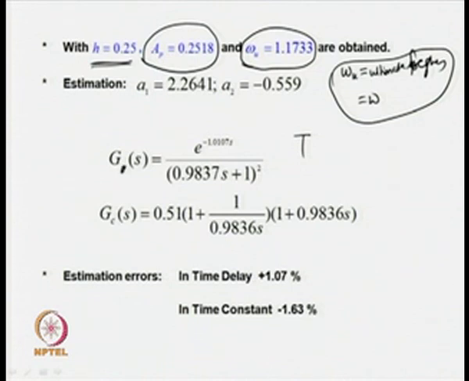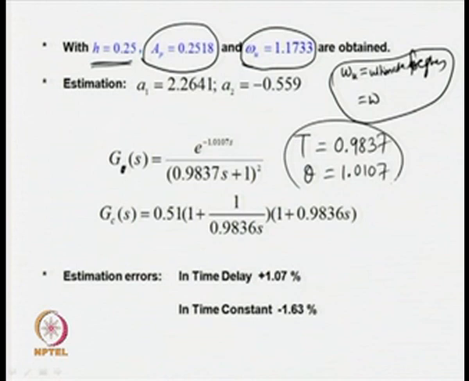The T we obtain is 0.9837 and the theta we obtain is 1.0107.